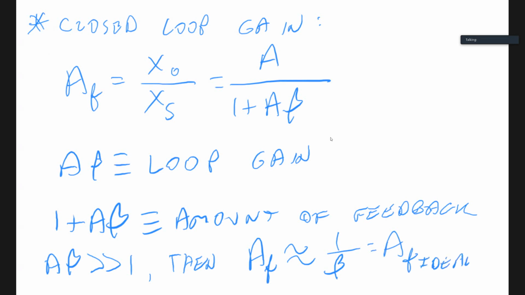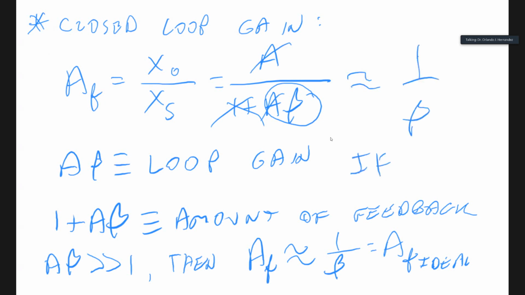So you can see that if this term over here is much greater than 1, then I can ignore the 1, the A's cancel, and this is 1 over beta if A beta is much greater than 1.